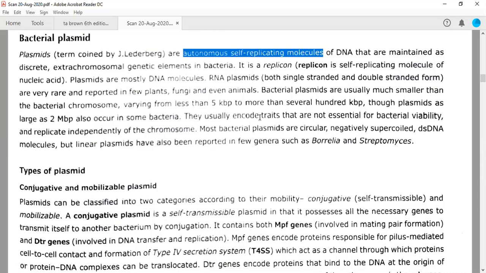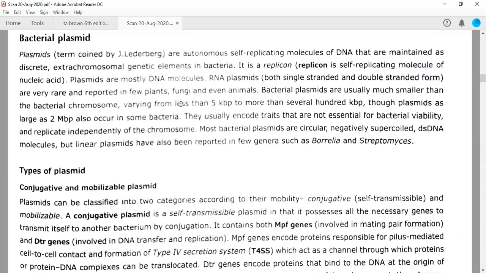But it is also reported that plasmids can be much bigger in size, for example, 2 MB in some bacteria. Only in some bacteria, not in all.